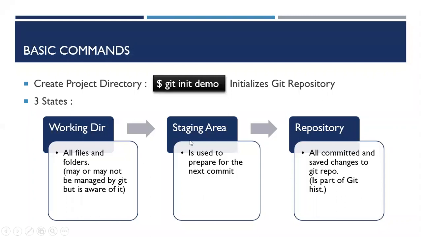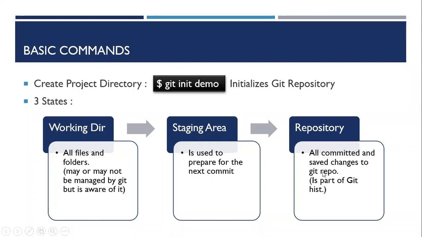So I will add that file to the staging area and then commit. So basically whatever files are in the staging area will be committed in that particular state. Okay, and then what is the repository? It is all the committed and saved changes in the Git repo. Basically it now has some history in Git.